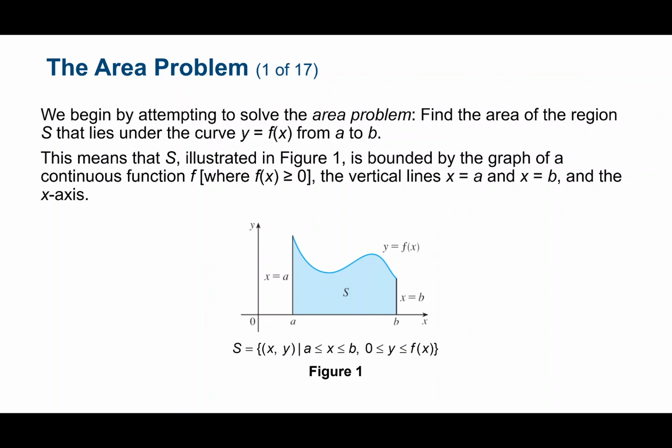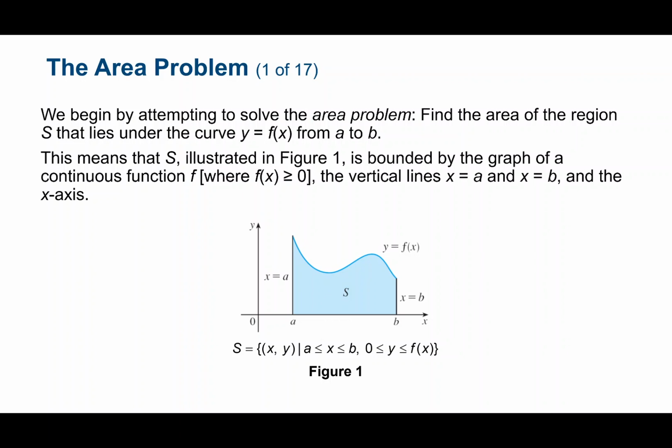The ones we're going to be looking at are set up specifically like this, where we have some curve over the x-axis, and then we're going to chop it at 2 places vertically. Our left side, we're going to call that number A, and our right side, we're going to call that number B. And then we want to find the area that's bounded by the curve on the top, by the vertical lines at A and B on the left and right, and then by the x-axis on the bottom.